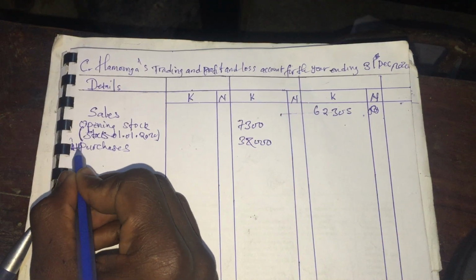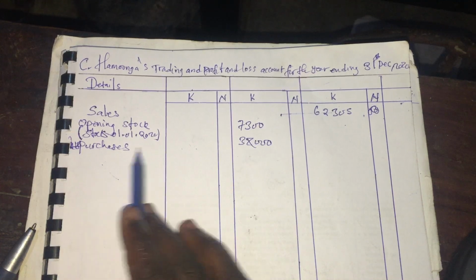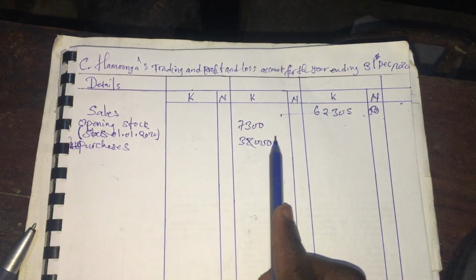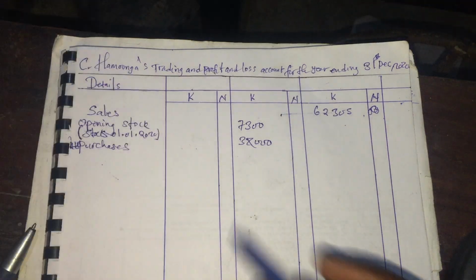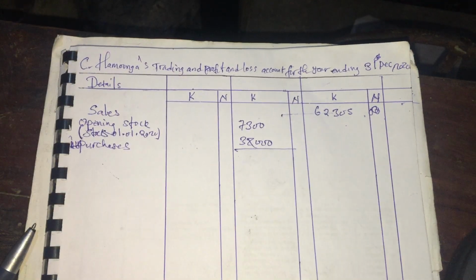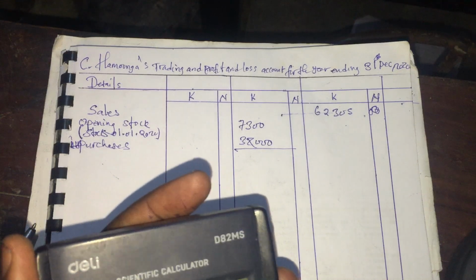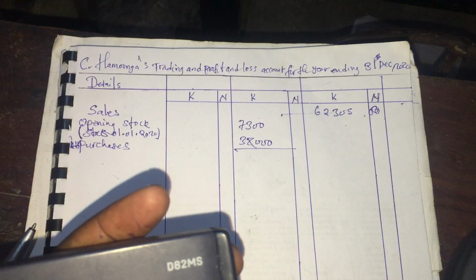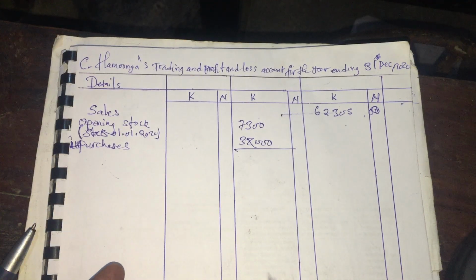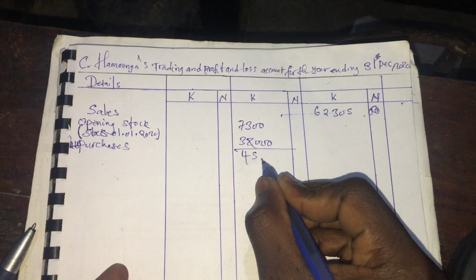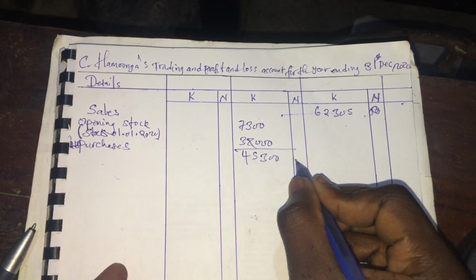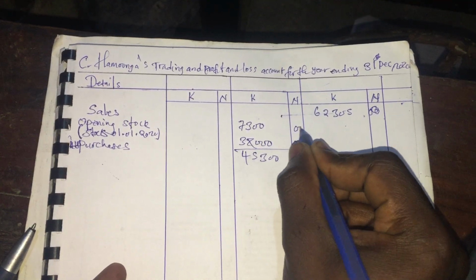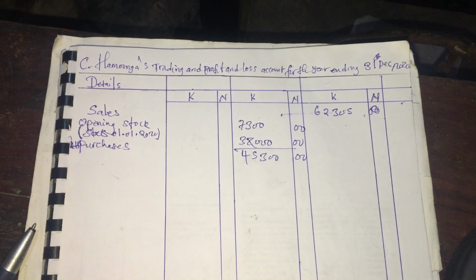So we add: 7300 plus 38000, our amount is going to be 45,300.